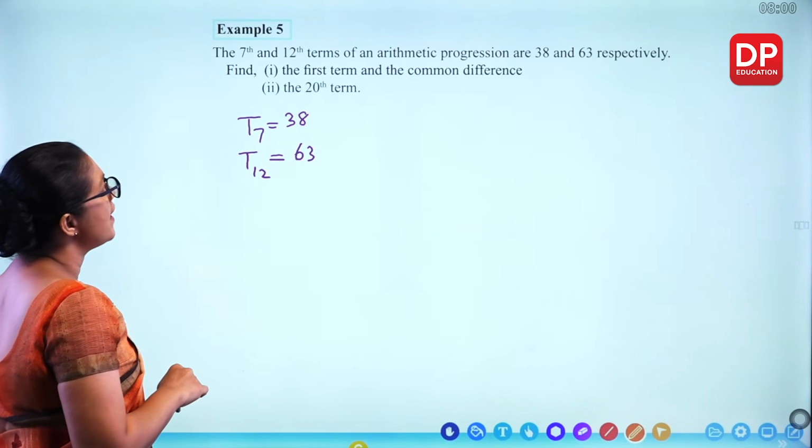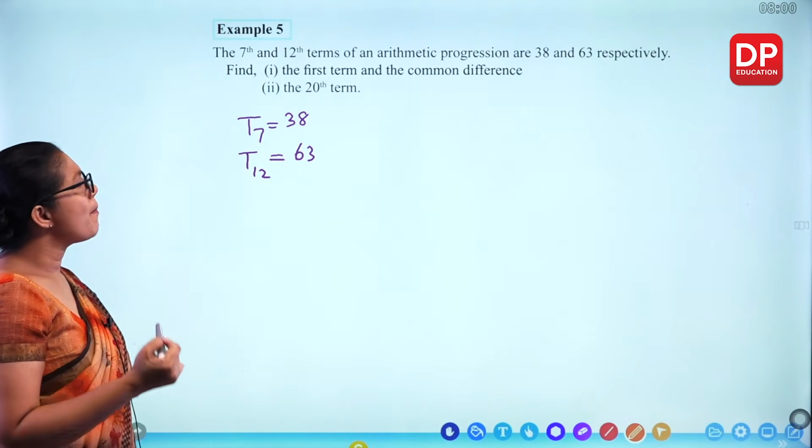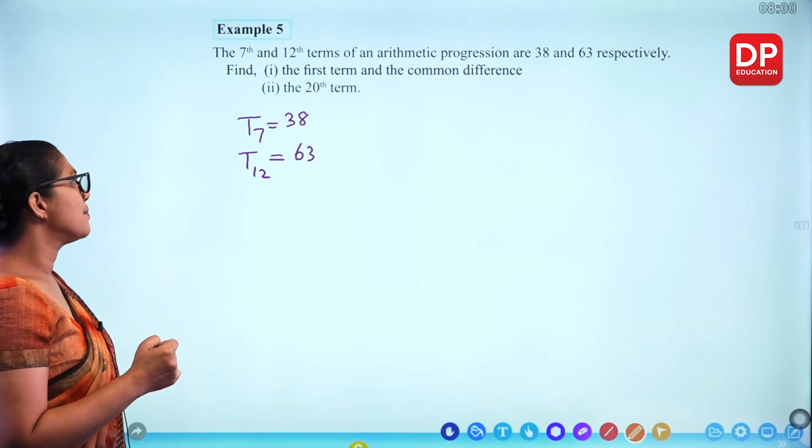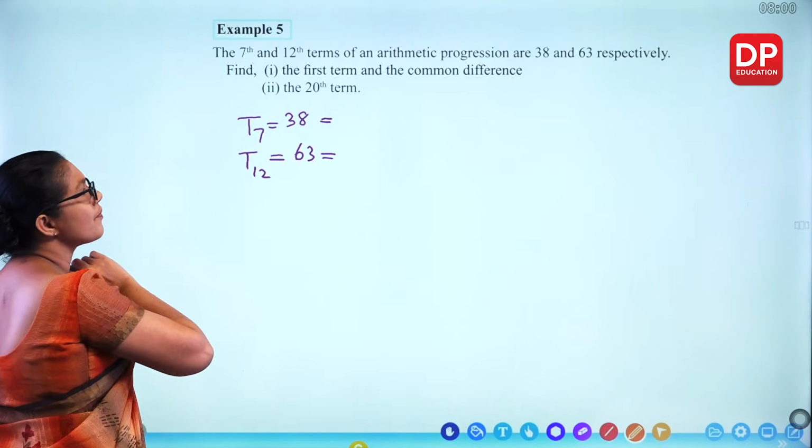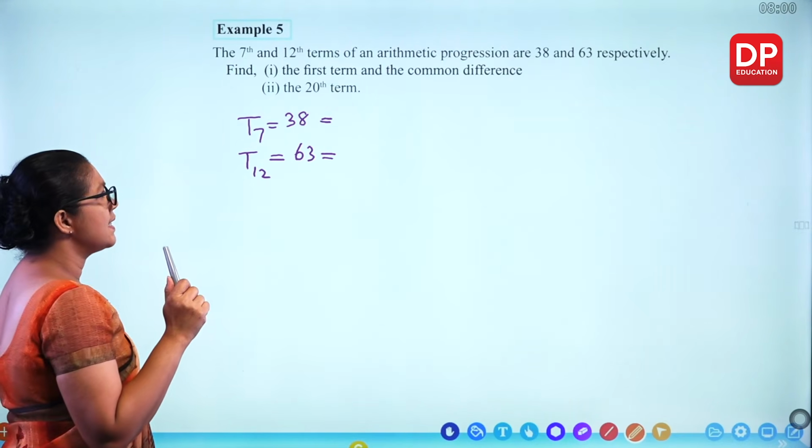You are asked to find the first term, the common difference and the 20th term. So we can write these down in terms of A and D.